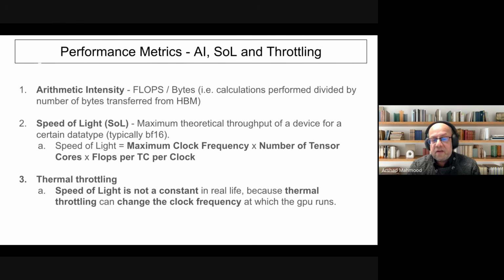So it's not your fault, it's just the thermal throttling. And for the people who are really into this, they care about it because even the temperature in the data center matters. So if your kernel is really slow and you just can't explain it, it might be worth looking at what clock the GPU was running at, because it might have been thermally throttled. Okay, next.